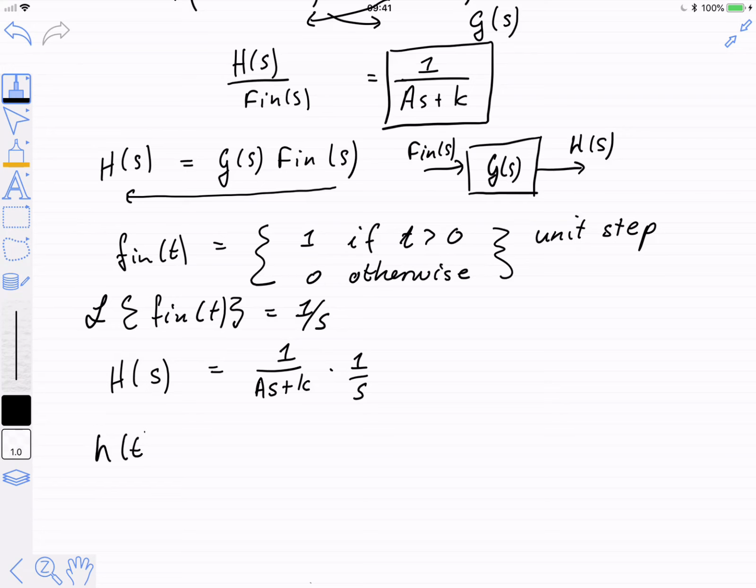To find h of t, we now do the inverse Laplace transform of h of s. Now, we can do that in two different ways. We can notice that there is exactly this kind of thing in the table. So over here in the table, you'll see exactly the kind of thing that we have here, right? So we've got a 1 over s, times something with a coefficient of s plus another thing, right?